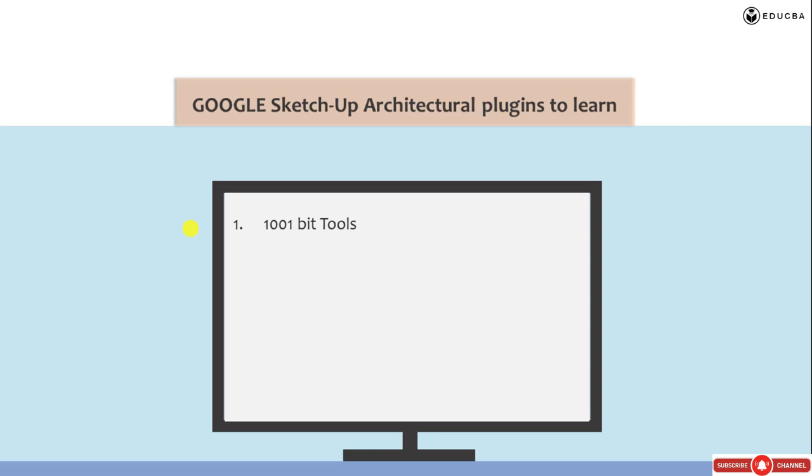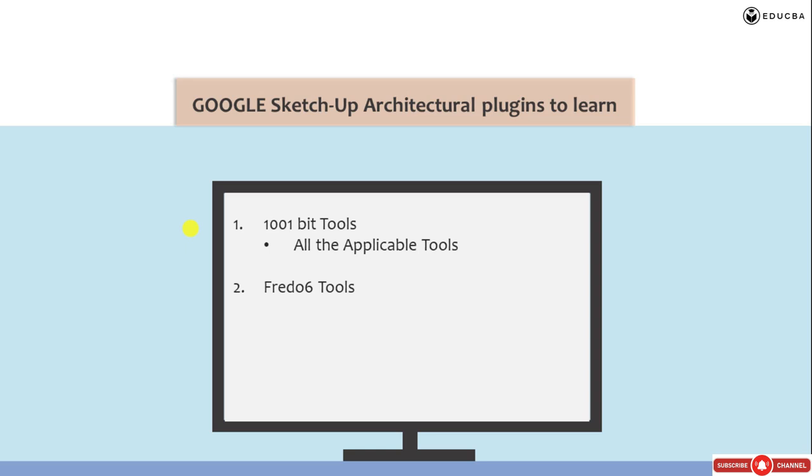It has been used for many years now and it is one of my favorites. In the 1001 bit tools, we are going to use all the applicable architectural tools that are required for a basic plan or a basic house to be built.